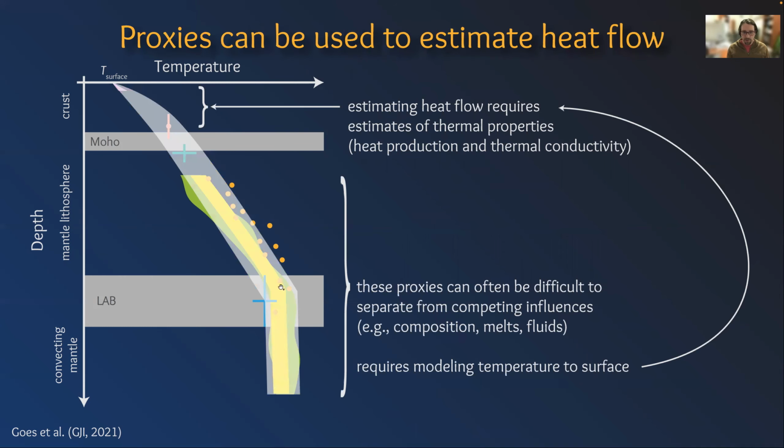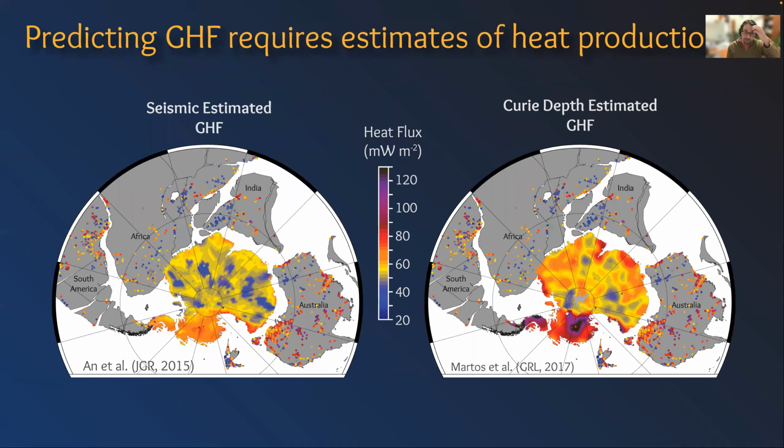Now, in order to go from all of these methods to a surface heat flow, we need to have an estimate of the thermal properties, specifically of the crust, and that being the heat production and thermal conductivity. Now, these values can be quite variable, which is why it's difficult to project these directly to the surface. And just to show an example of that, we can look at some heat flow estimates for Antarctica. So I've got two estimates here.